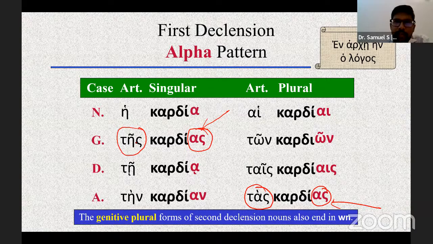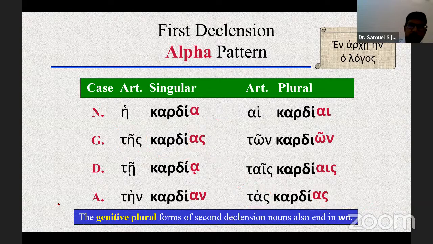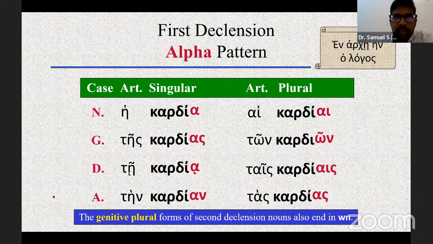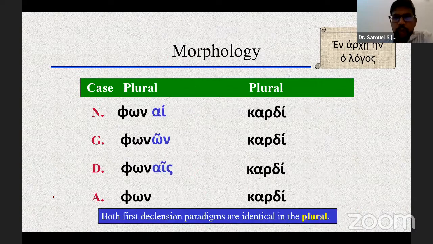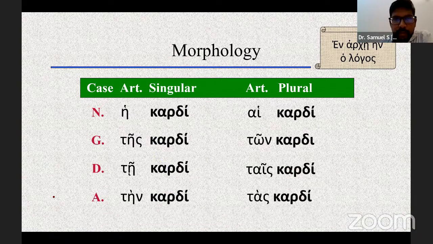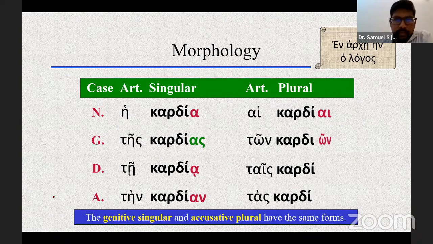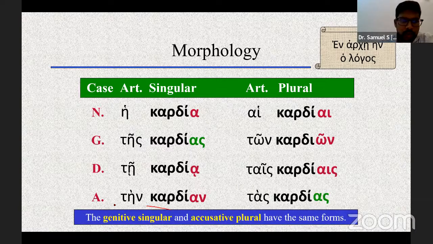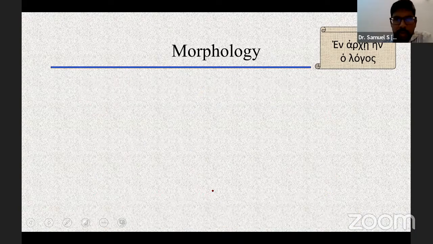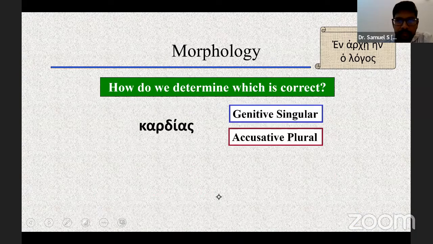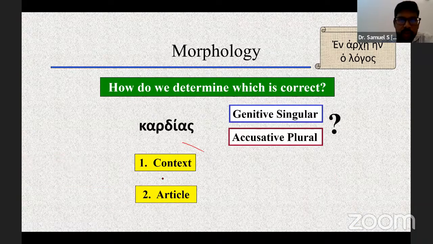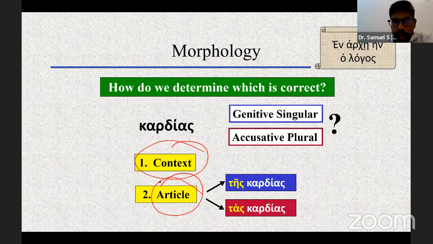And beyond that, even the context tells us. But this is the easiest way to differentiate between the two. So what do you need to do now? You need to memorize the two patterns, eta pattern and alpha pattern. How do we determine? Context is one thing, article is the other way.